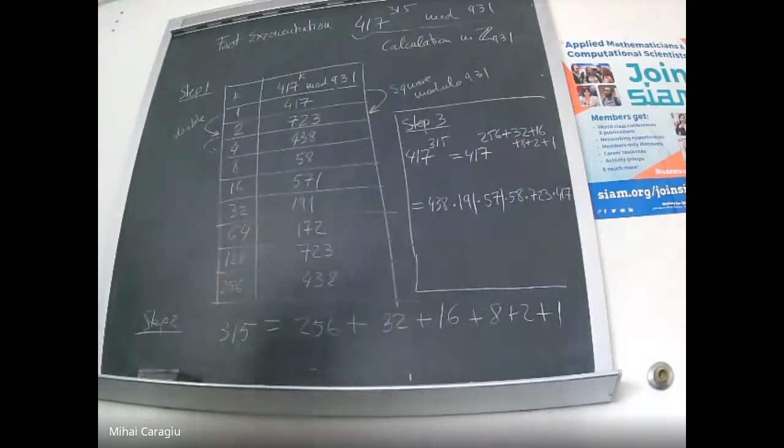So 438 times 191 times 571 times 58 times 723 times 417.